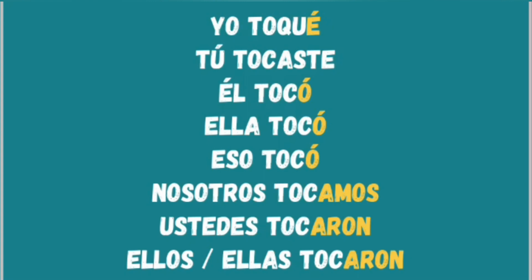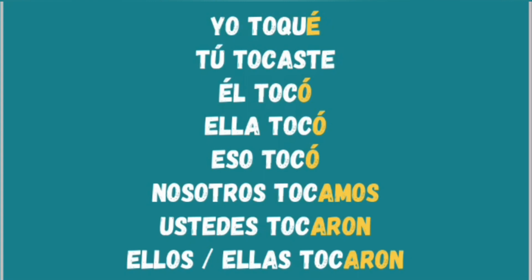And then you have the next personal pronoun, which is tú, you, tocaste, okay? There I forgot to mark aste, okay? In yellow, it would be aste. And you have toc. That's the root word, okay? So that's why it's an irregular verb. Tú, you, tocaste, okay?